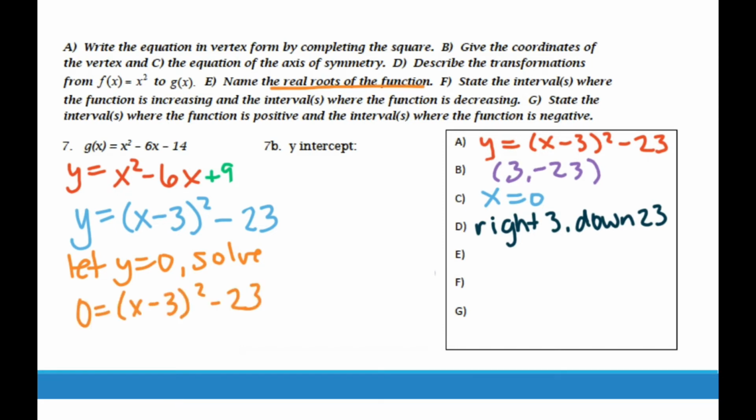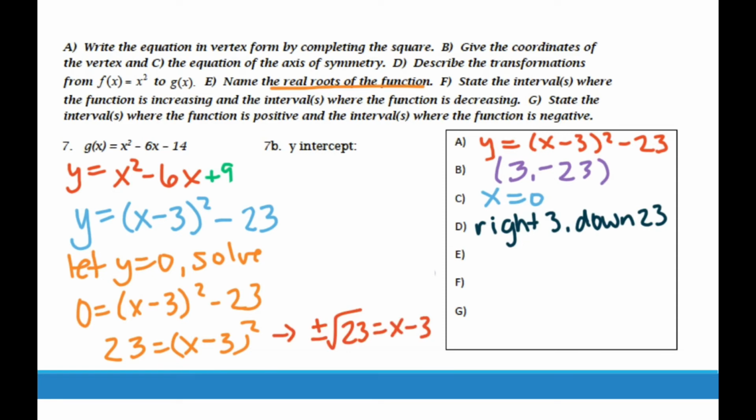I know I'm going fast, but I'm just trying to make the video not too long. You can always pause it to take more time. So move the 23 to the other side, take the square root of both sides. So you have x minus 3 is equal to plus or minus square root 23. Put the 3 on the other side. So your solutions are 3 plus or minus the square root of 23.